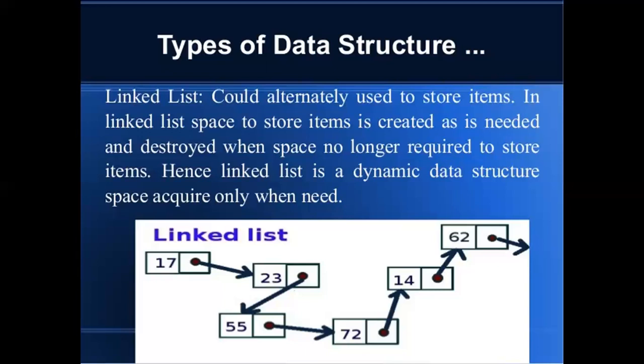So the linked list is like this. Dynamically it will be built whenever it is necessary in the program. Here is the location of the next address. The first element is 17. Where will the next element be? Suppose in position 102 is 23, so it will be linked to that 102 position.